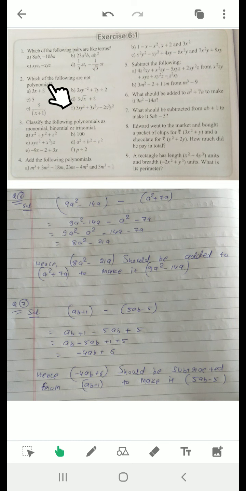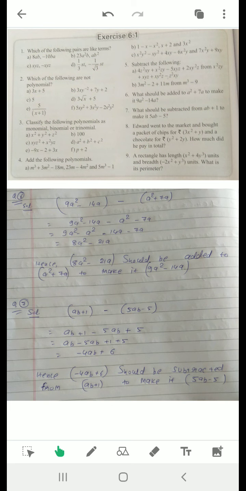In the second question, which of the following are not polynomial? So remember students, there are few cases when we can say that this is not a polynomial. If the power of variable is negative, if the power of variable is in fraction form, or if the variable is in denominator, or written in the form of square root.